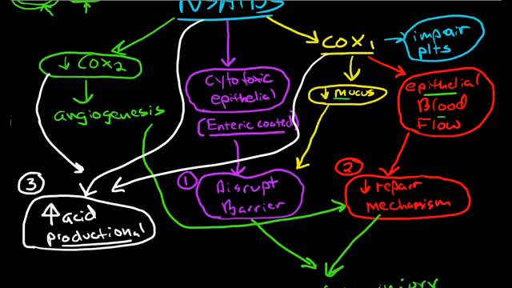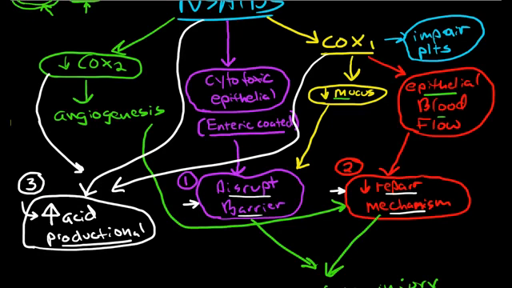So if you did nothing but increased acid production, you would not end up with a gastric ulcer because the barrier protection and repair mechanisms would be enough to protect the gastric mucosa from the increased acid. So you really have to disrupt the barrier and disrupt the repair mechanisms in order for there to be injury.